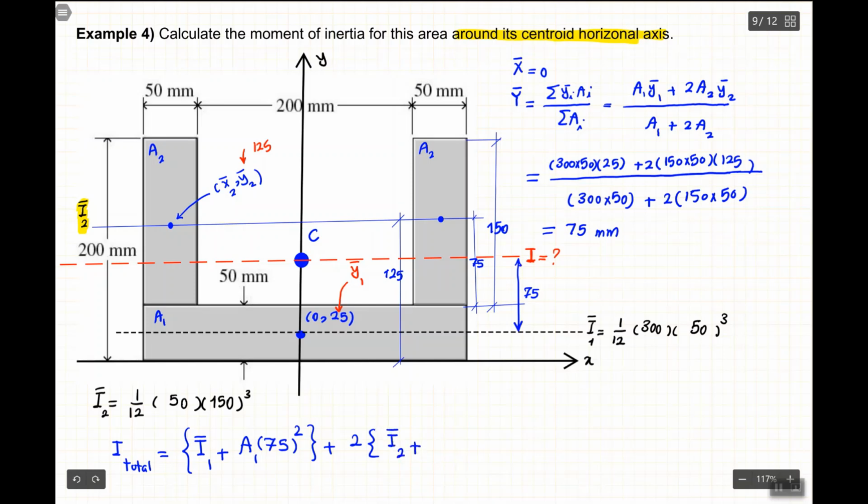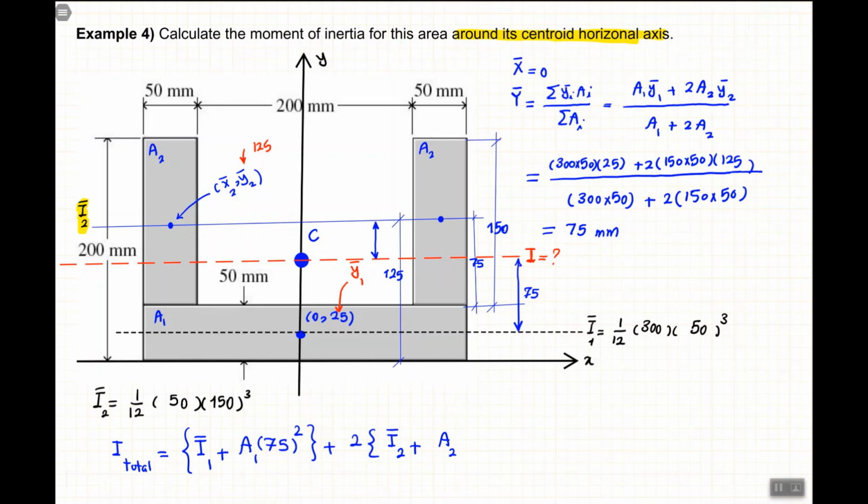plus the same story. I need to transfer this axis I bar 2 to this red axis: plus A2 multiplied by the distance, which is basically this distance, and we can figure out it's 50.